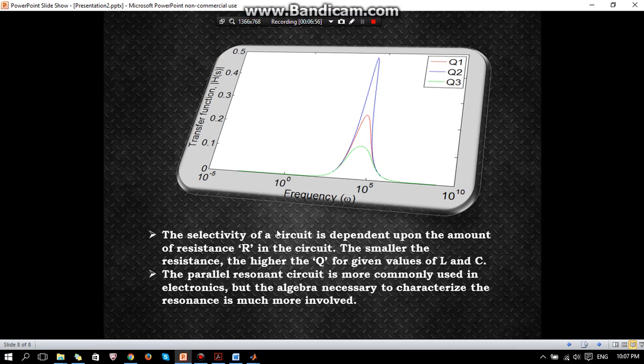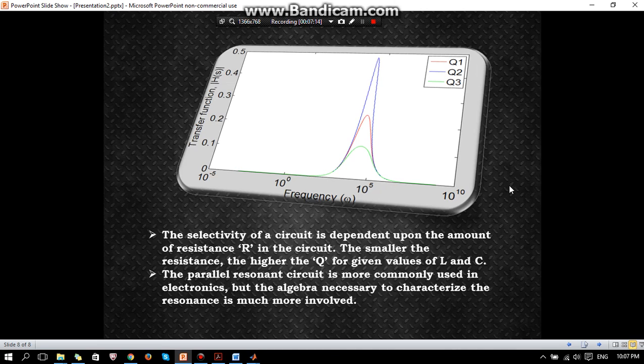The selectivity of a circuit is dependent upon the amount of resistance R in the circuit. The smaller the resistance, the higher the quality factor for given values of L and C.